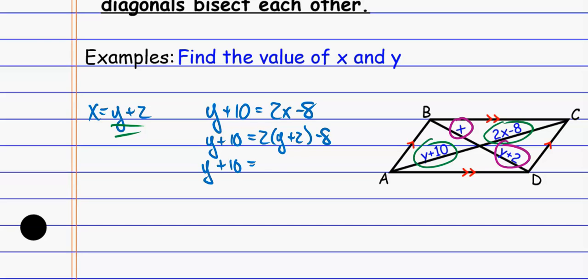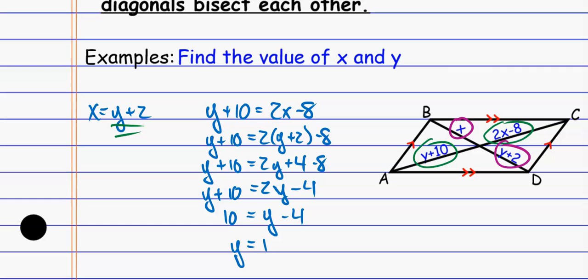I distribute. I combine like terms. I'm going to subtract that y from each side. And I'm going to add the 4. So I get y equals 14. I come back over here, plug it back in. Turns out that x equals 16.